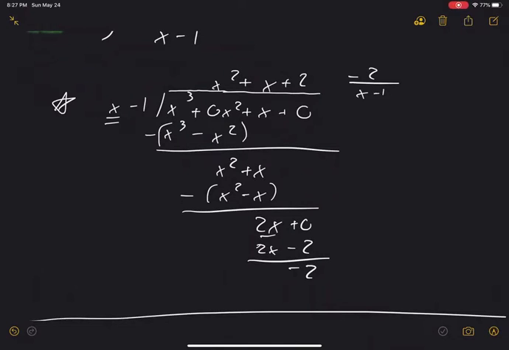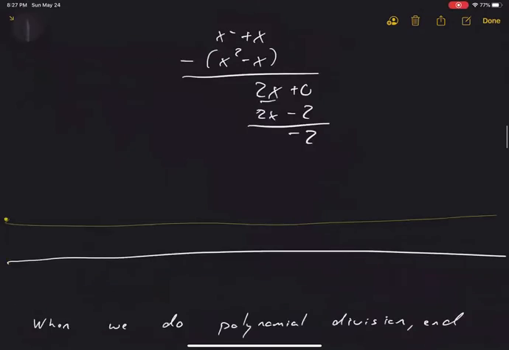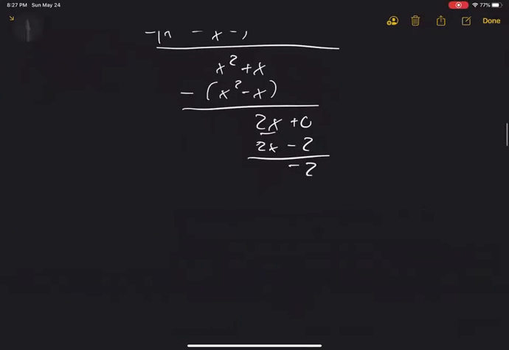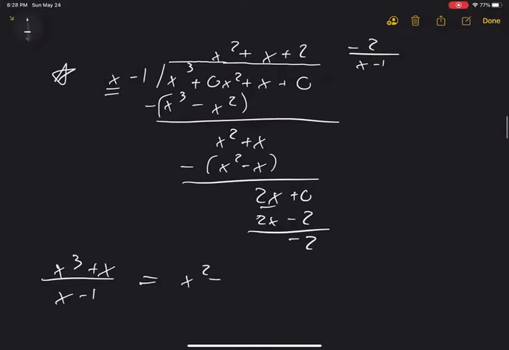So after I do polynomial long division, I get this. X cubed plus x over x minus 1 is equal to x squared plus x plus 2 minus 2 over x minus 1.